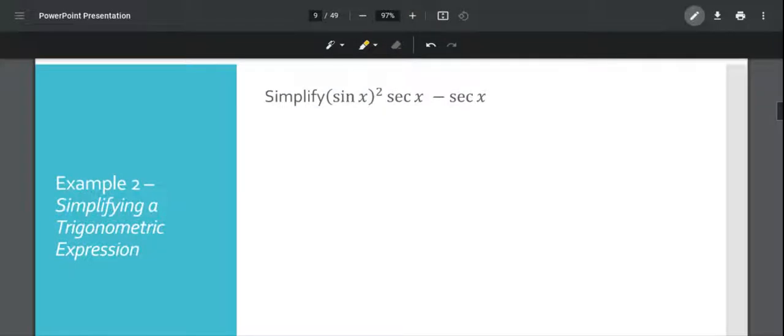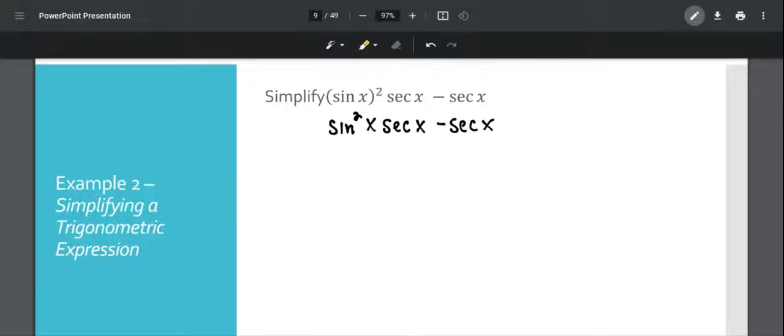All right, so then on this next example, we need to simplify sine squared times secant minus secant. So where you see that sine of x squared, that means the same thing as the sine squared times the secant minus the secant.